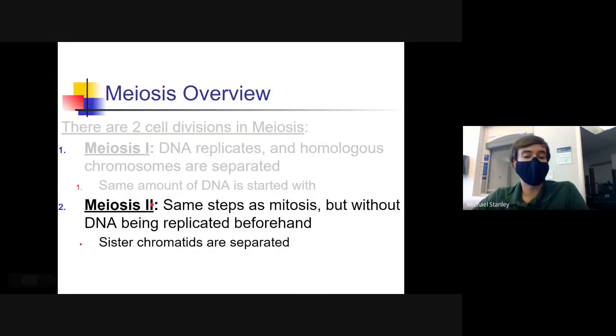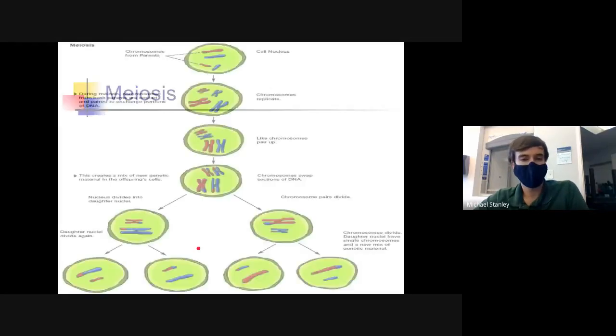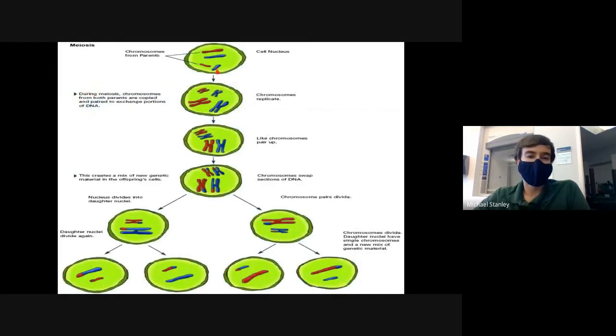Meiosis 2 is just the second division, where the DNA that got doubled and then separated gets separated once again. So we start off with a diploid cell, 2 big and 2 little chromosomes, and we split again into 4 haploid cells that each only have 1 big and 1 little chromosome.